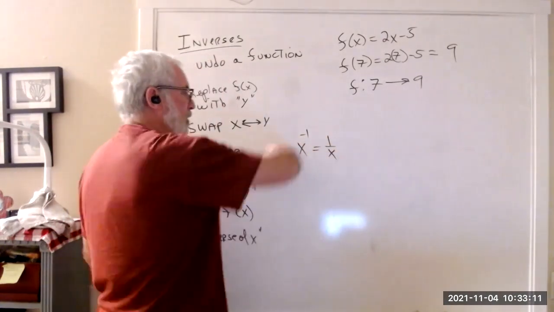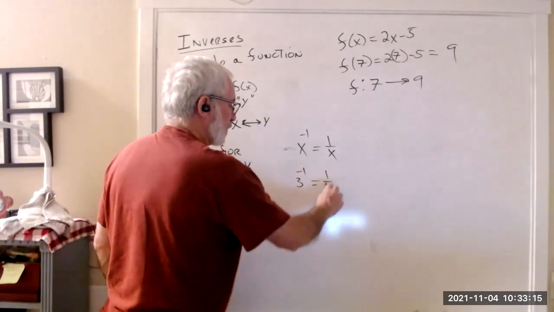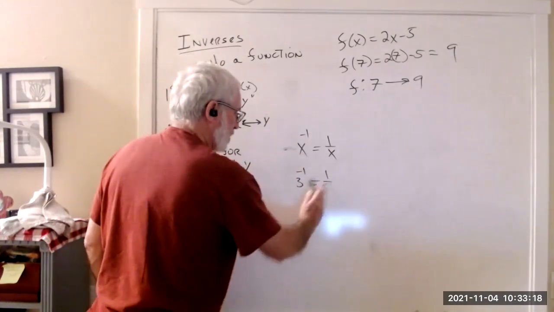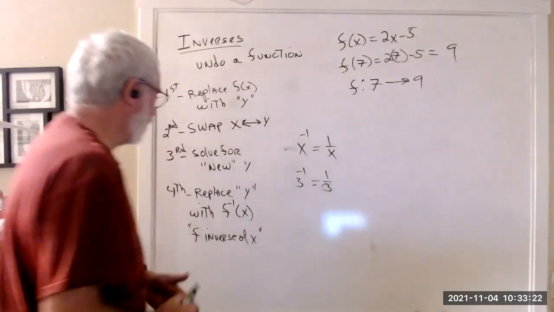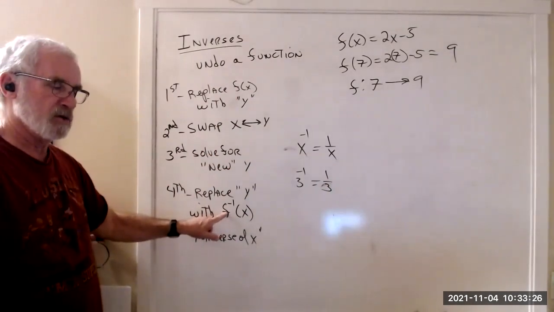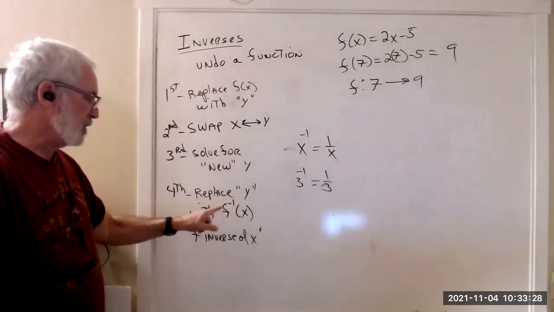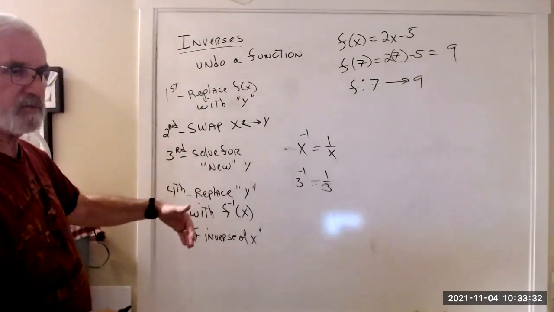On a variable, or on a number like 1/3, it just means do the reciprocal. But on a function, it means something totally different. The negative 1 power on a function means the inverse of it.